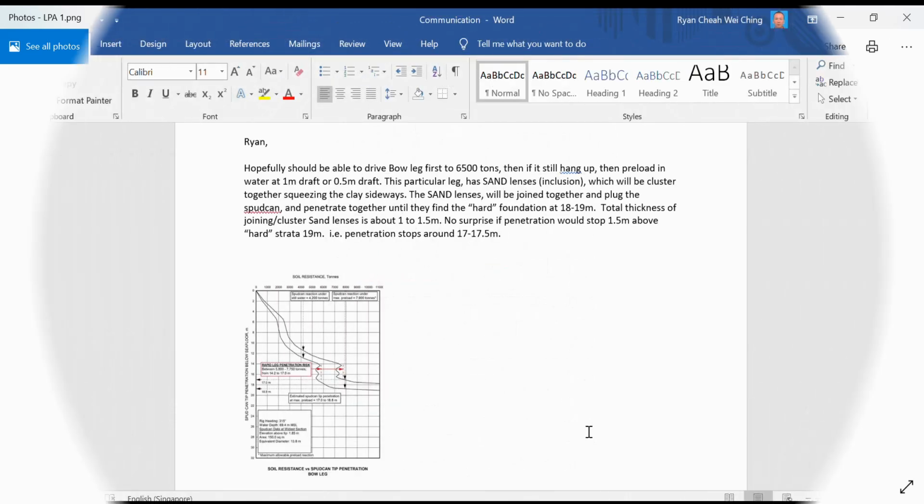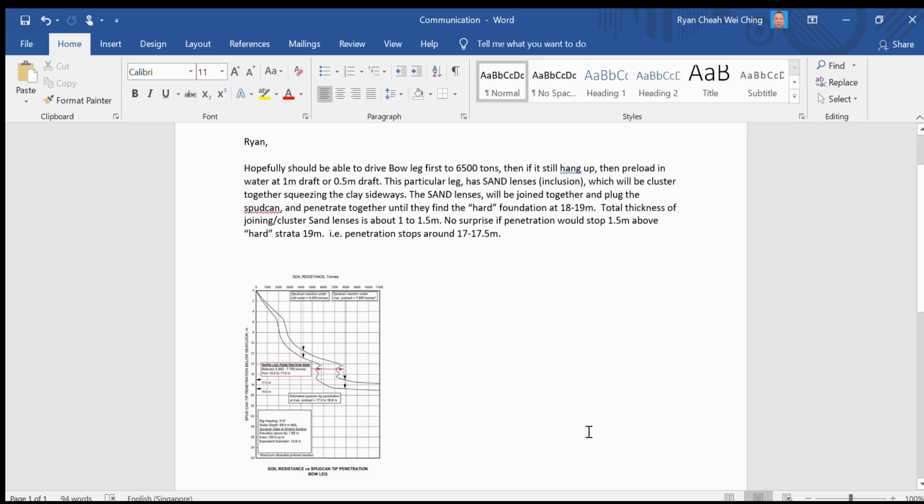Okay, I copied one of my emails that I sent to a geotechnical department asking a question on one location for reduced preload. Of course, this has nothing to do with location acceptance over here. I just want to tell you guys, you can actually ask them if you are in doubt on the soil formation.